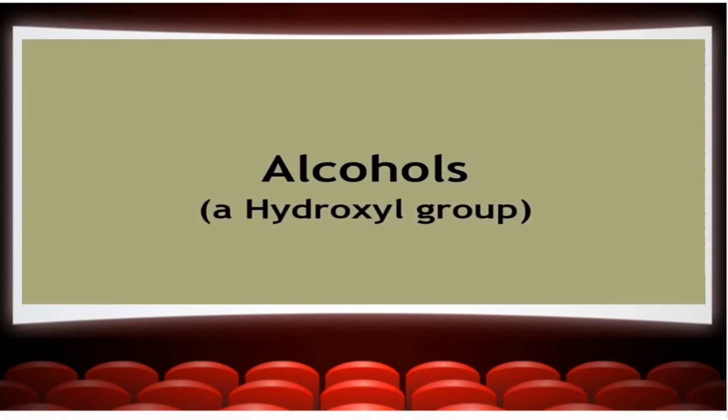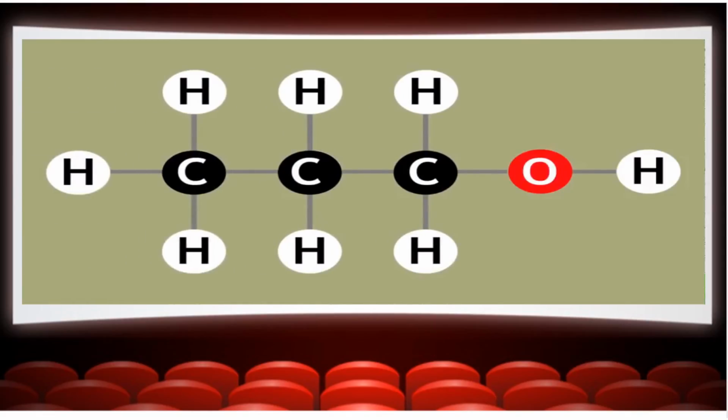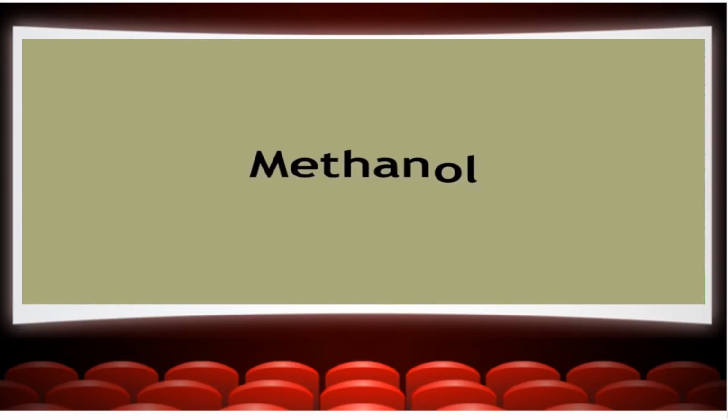This is a hydroxyl group and is a hydrogen bonded to an oxygen, which is then covalently bonded to the rest of the molecule. This group can be attached to any of the alkanes to form alcohols, their names all ending in -ol. For example, methanol, ethanol, and propanol.